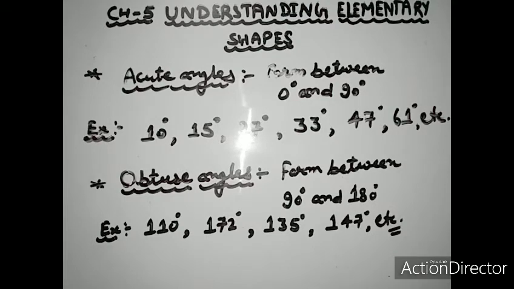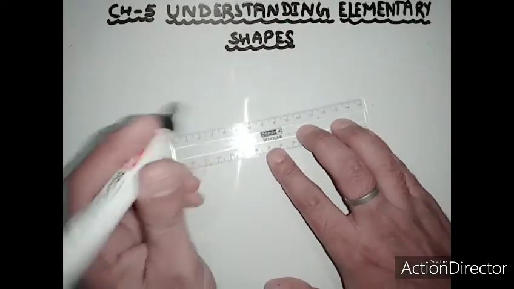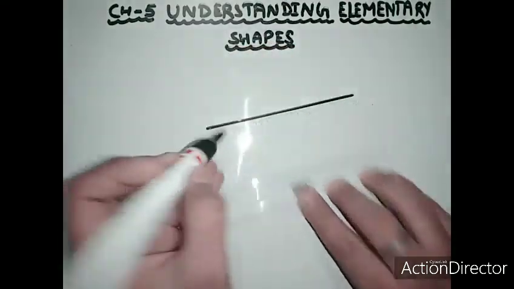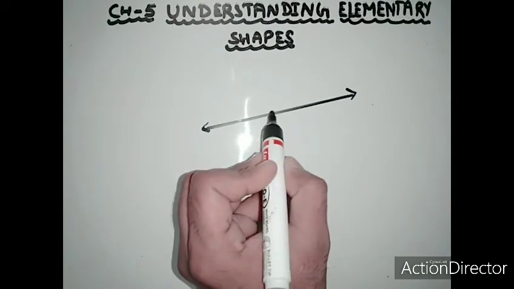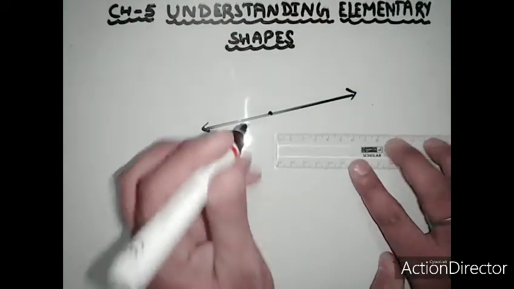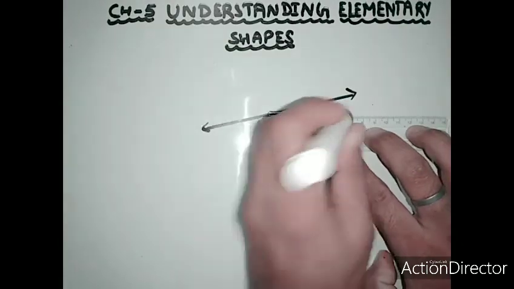Now students, here we discuss some other important terms related to chapter number 5, understanding elementary shapes. Now here we take another example related to angles, right? So here we draw a figure, and we draw some rays.